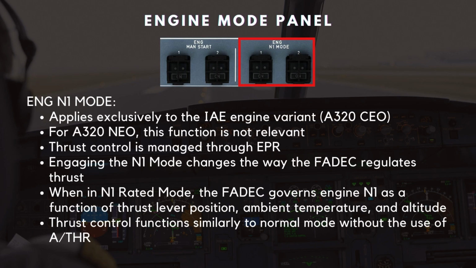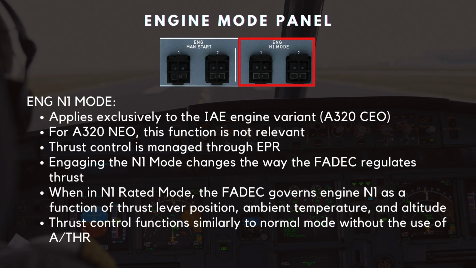The N1 mode selection is a feature that applies exclusively to the IAE engine variant found on the A320 CEO model. For pilots operating the A320neo, this function is not relevant, as the newer engine variants do not utilize this system. Under normal operating conditions, thrust control is managed through engine pressure ratio, or EPR.